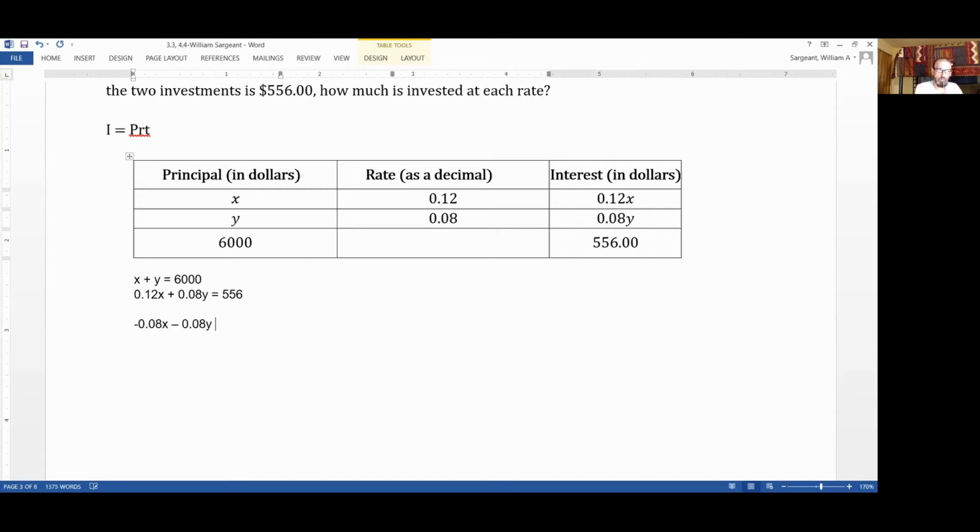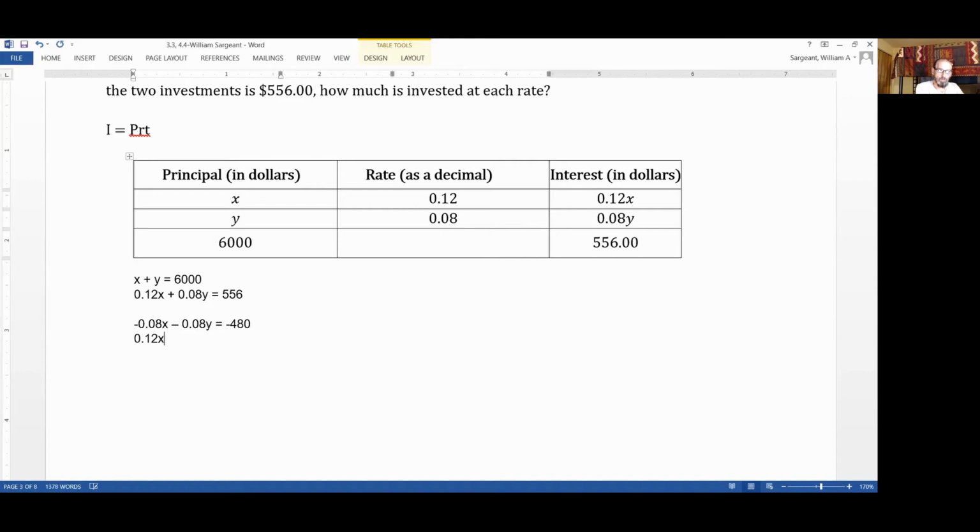All terms on both sides. Let's see, 6,000 times that should be getting negative 4,800. No? Negative 480.